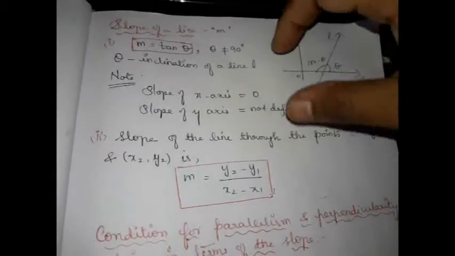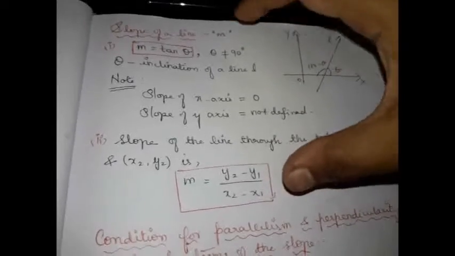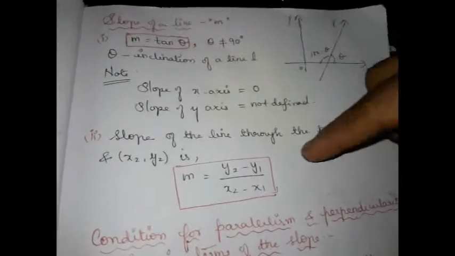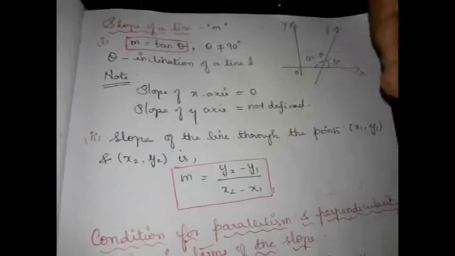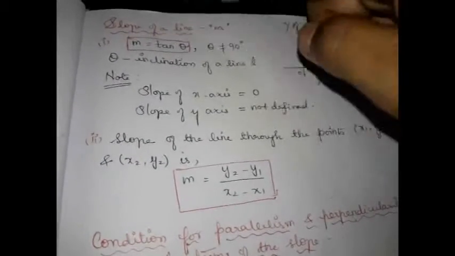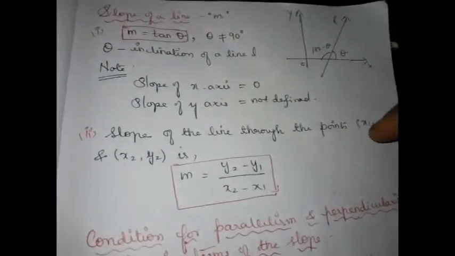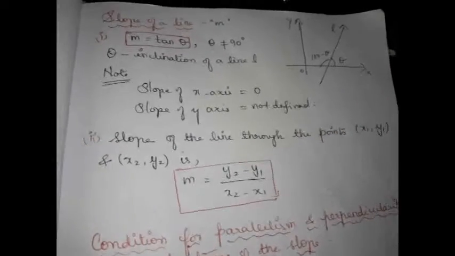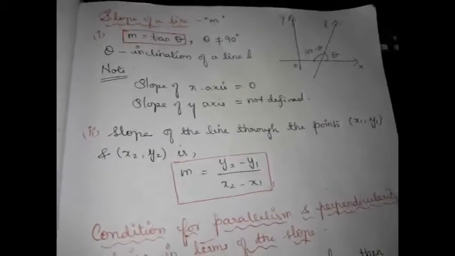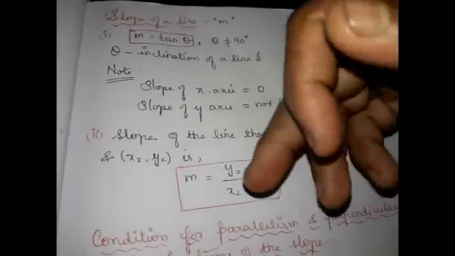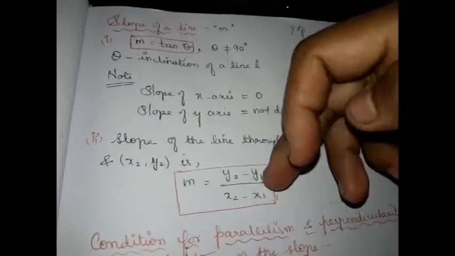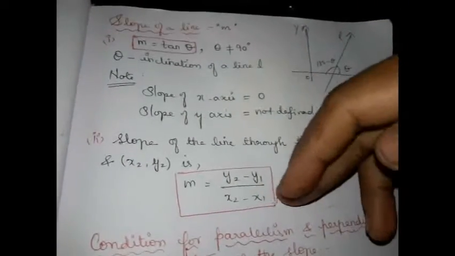So the slope of a line can be found in 2 ways. One is using its inclination, the other is using its end points. If you know the inclination, slope is going to be tan theta. If you know the 2 end points of a line segment, then its slope is going to be y2 minus y1 divided by x2 minus x1, right?